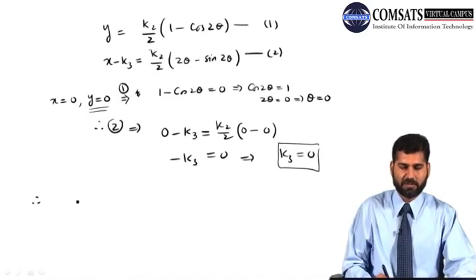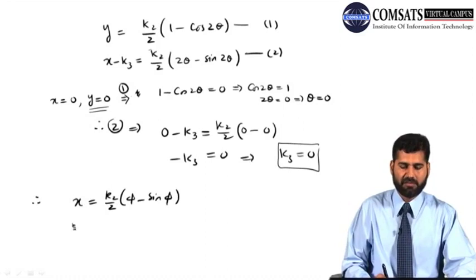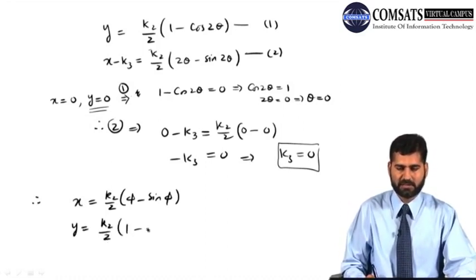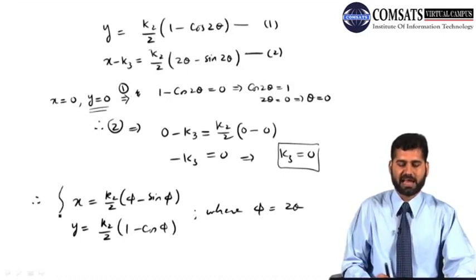So therefore our x becomes k2 by 2 times (phi minus sine phi), and y is equal to k2 by 2 times (1 minus cosine phi), where phi is 2 theta. All right, so this is the expression which we got at the end.